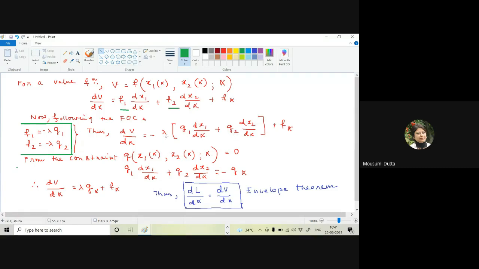So I can keep minus lambda common and rewrite dV by d alpha in this format. Please check whether you are also getting the same thing. If anyone has any problem, please ask me.